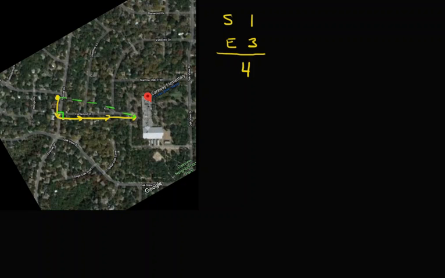Now, this is a right triangle, so what do we use to figure out what this distance is? We use Pythagorean's theorem. a squared plus b squared equals c squared. So a squared is 1 squared. b squared is 3 squared, equals c squared. So c squared equals 10. c equals the square root of 10.